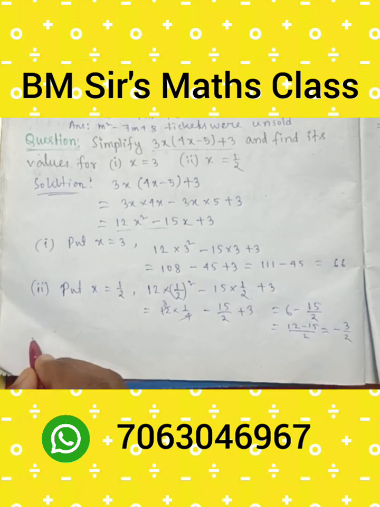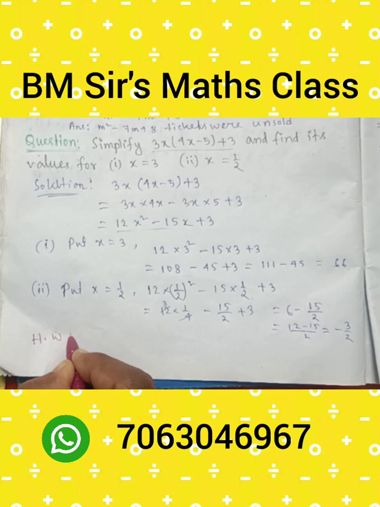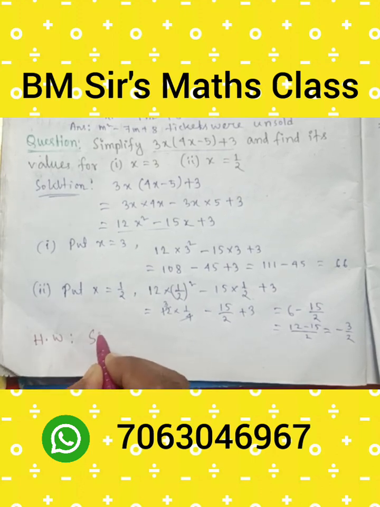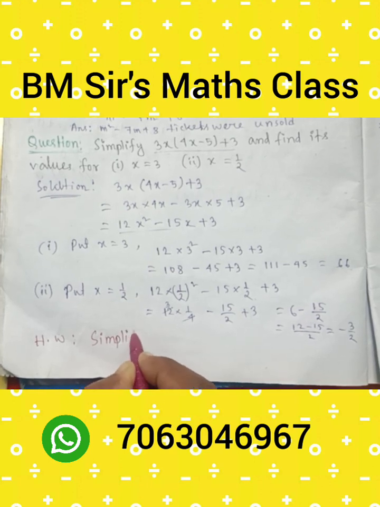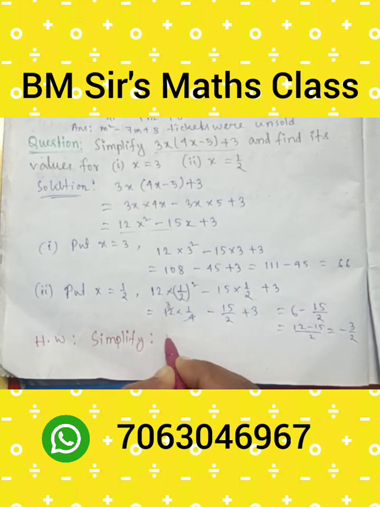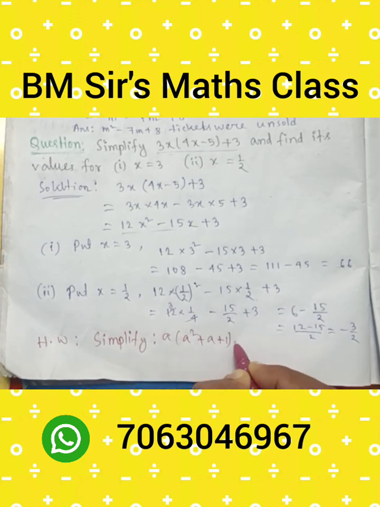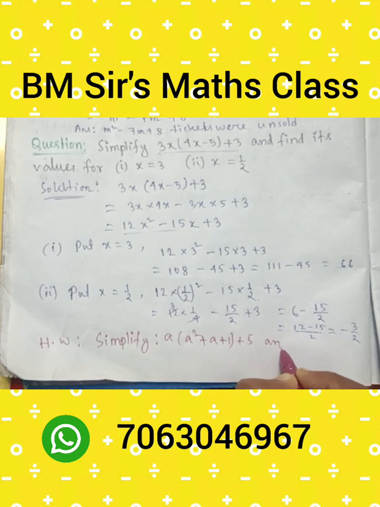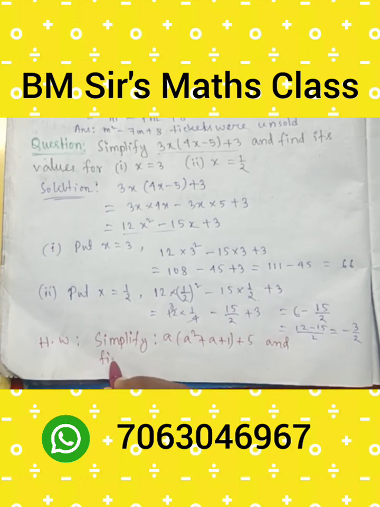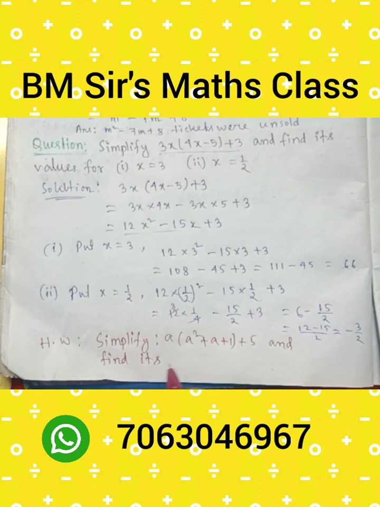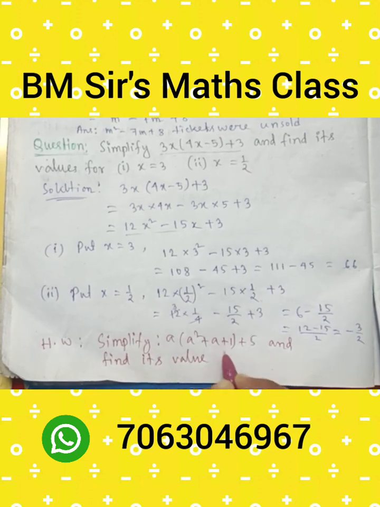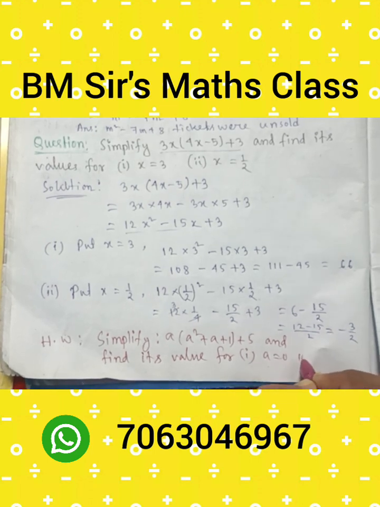And I am giving one homework for you. You will solve it. Simplify a into a square plus a plus 1 plus 5 and find its value for a equal to 0 and a equal to 1.